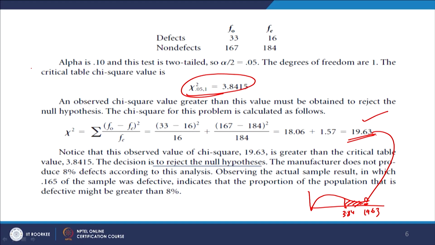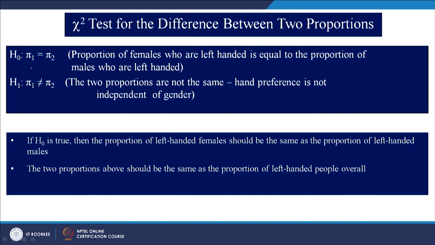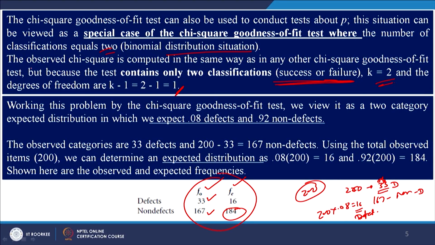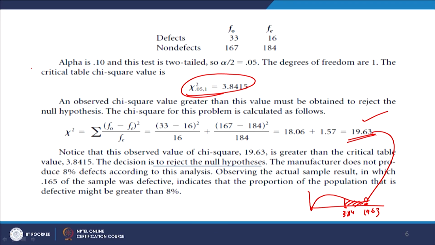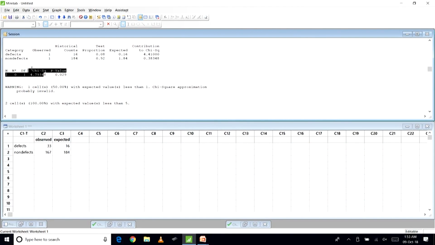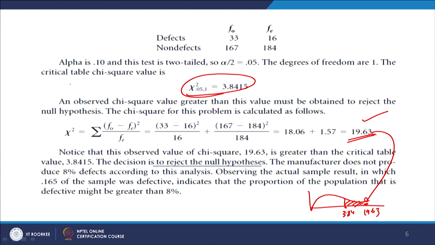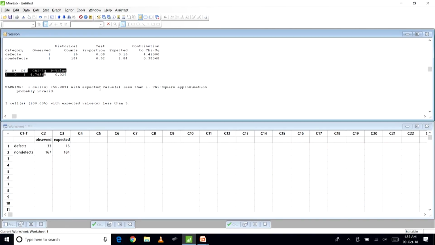The chi-square calculated is 19.63. 33, 167, we will go for data entry 33, 167, 16, 184.